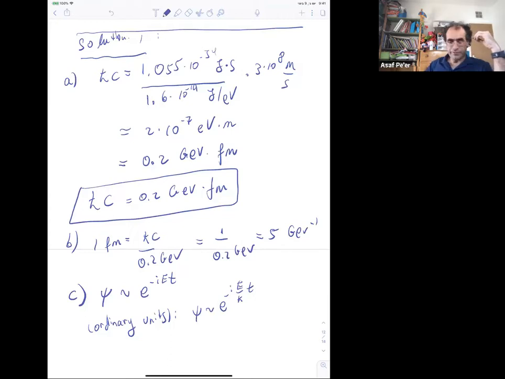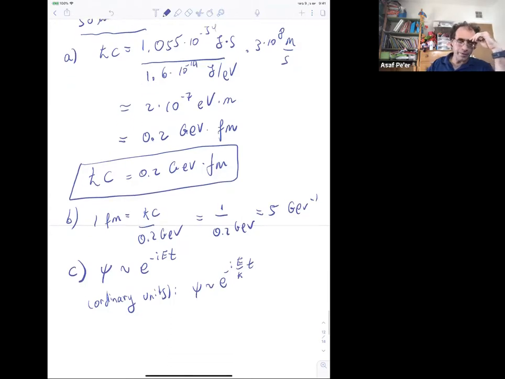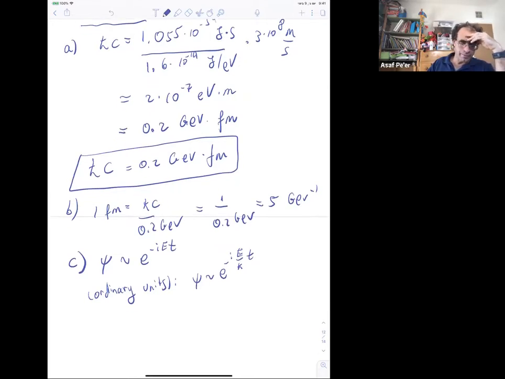If we ask for the periodicity, what is the period time?